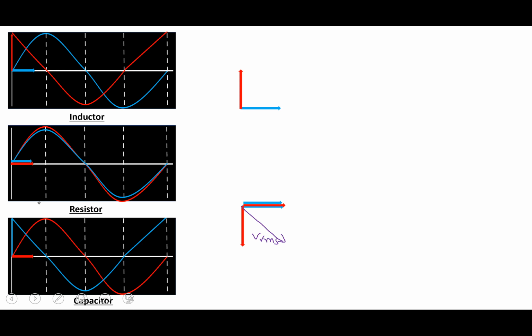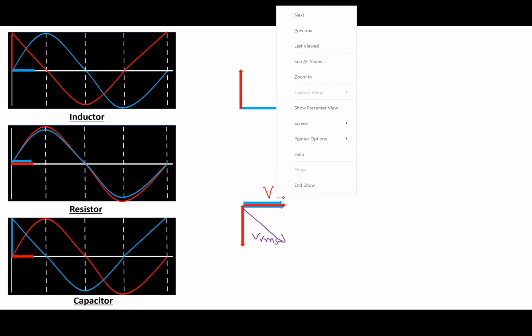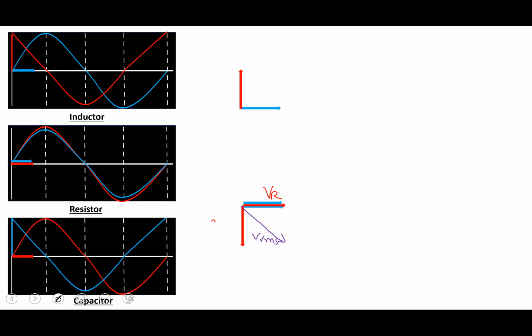This line was representing VR, the voltage of the resistance, and this was representing VC, the voltage of the capacitor, and this is the combined effect of VR and VC, and this is the angle theta, and this line is represented by VC. Again, by using the same trigonometric formula, but in the opposite direction, we can say it like this.